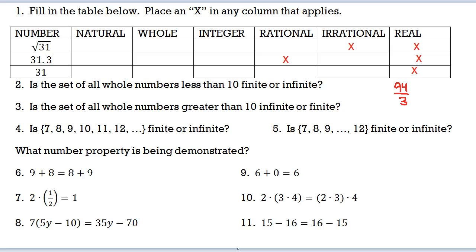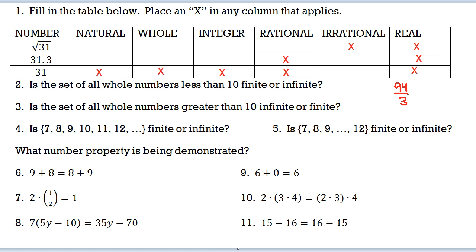Every time, no matter what, it's a guarantee. All right, we saved the easiest one for last. 31. Yeah, okay, 31. Natural, got it. Whole, got it. Integer, yep. Rational, well, yeah, 31 over 1. There you go. And that takes care of that first section right there.